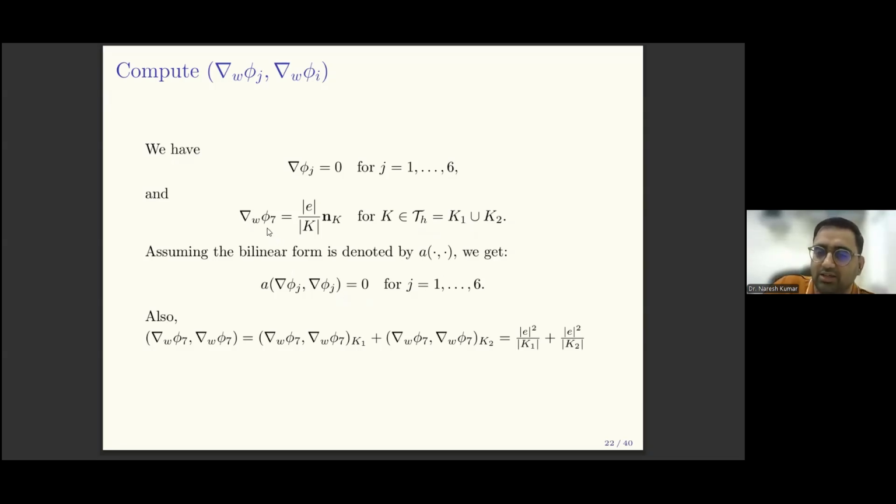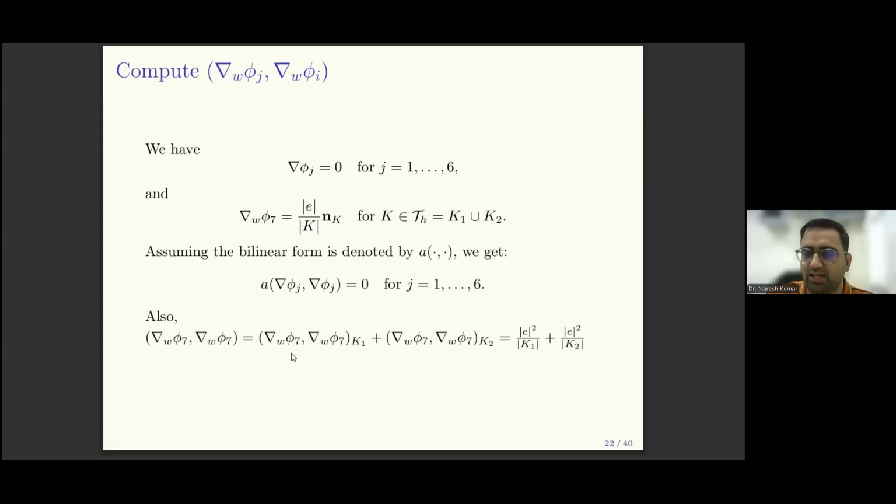And now this basis function you can put into the original equations. So basically the gradient of phi 7 times the gradient of phi 7 is what? When you assemble, because first you work on K1, then you work on K2, and assemble means when you take the broken gradient of phi 7 on K1 union K2, then basically it is the broken gradient on K1 plus the broken gradient on K2. But we know the broken gradient on K1 is the length divided by the area.